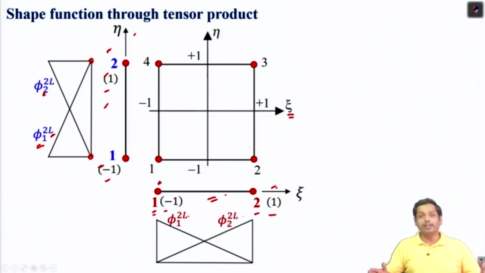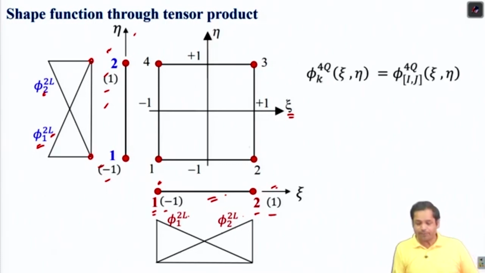Now what we will do is take the tensor product of these two elements. If we take the product of these, we will get the shape function for this element. First let me write the expression, and then we will show how this product is to be taken. This is our shape function for 4Q, which means a 4-noded quadrilateral element, which is a function of xi and eta.